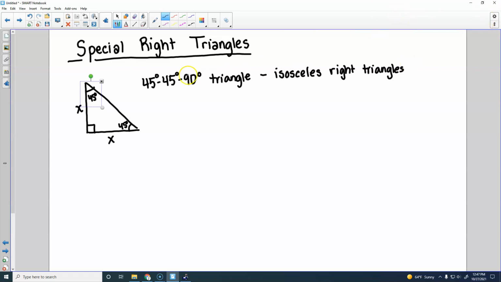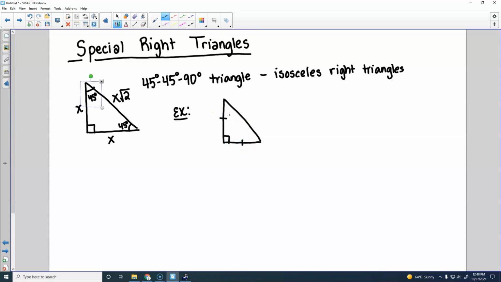Okay. So in this triangle, if you know one of the sides, then the length of the hypotenuse is just x times the square root of 2. Some examples that you'll see for this might look like this. They can mark it different ways.